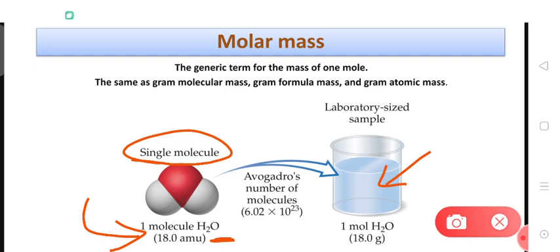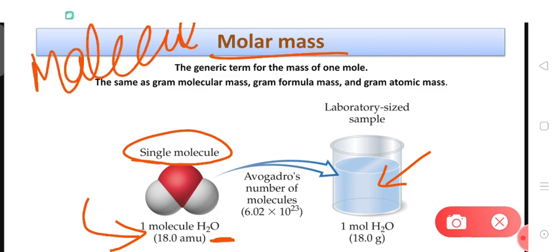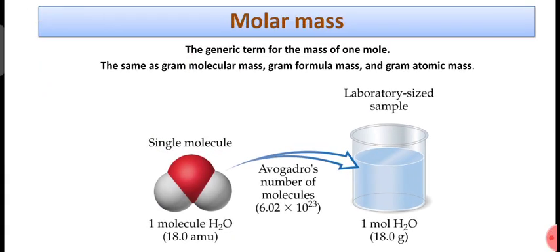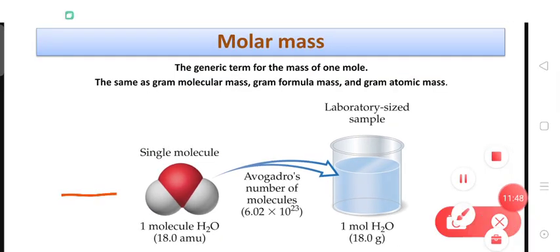So you need to find out the relation between molar mass and molecular mass. There is a very clear cut relation between them. Let's find out. Look, this is the atom, this is the molecule, this is the molar mass.